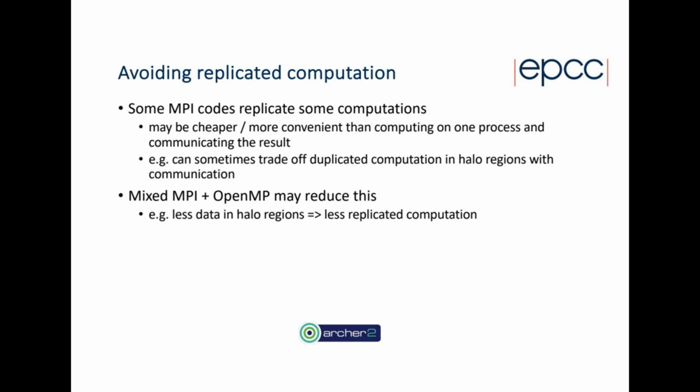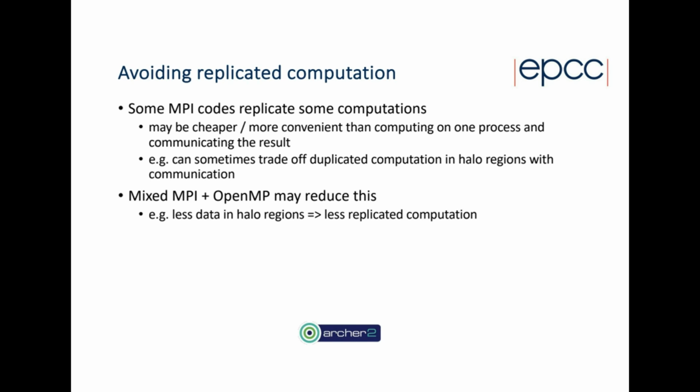Okay, so the next one is avoiding replicated computation. Some MPI application codes will replicate some computations on every process, because that might be cheaper or just easier than computing on one process and communicating the result to all the others. For example, sometimes it's possible to trade off duplicated computation in halo regions with communication.